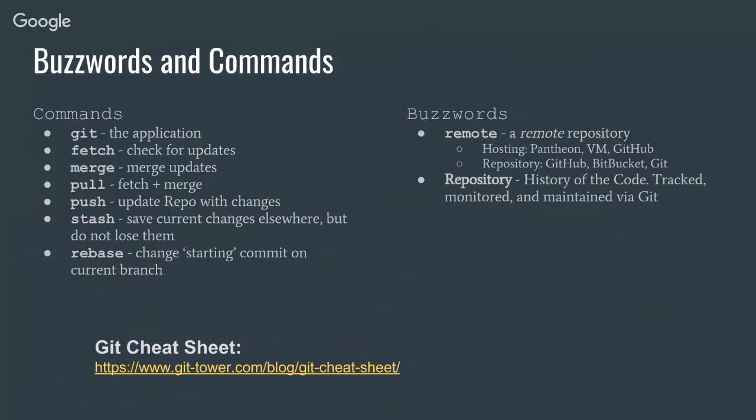Sorry. Rebase changes your starting commit on the current branch, and I'll try and remember to bring up a visual example of that. But going based on the commits we've discussed already, let's say that your master branch, you create a fork for a feature. During that feature's development phase, your master branch has gotten 12 commits.